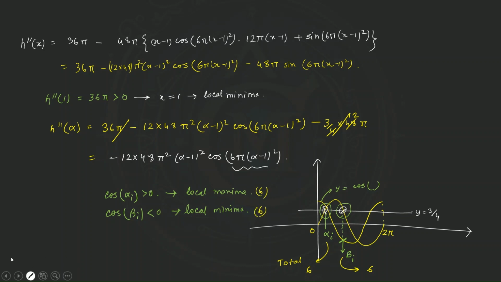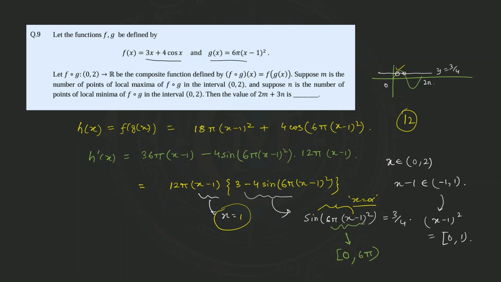But there was already a point of local minima here, which is x equal to 1. That means our total number of minima points will be 7, and total number of maxima points will be 6. So from these two pieces of information, the number of points of local maxima is m, and this is n.